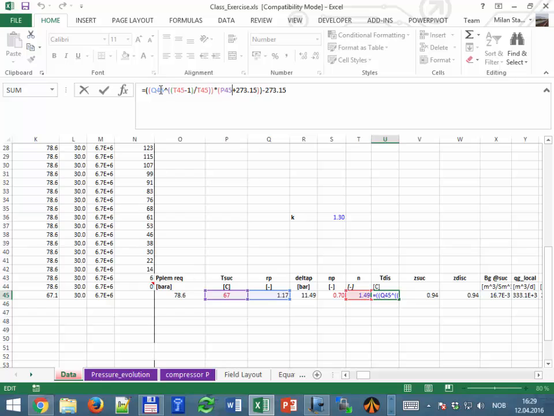This is R P to n minus 1 over n times the temperature at the inlet, which is 67, but it has to be in absolute, so plus 273.15. Why do we subtract again by that one? Because the temperature that we are going to get is in Kelvin, and we want to subtract, so you are returning back to Celsius. Yeah.